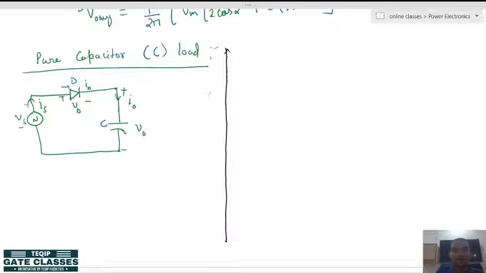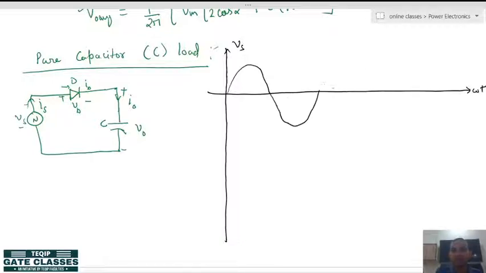Here we have got this source voltage. Peak voltage is Vm.